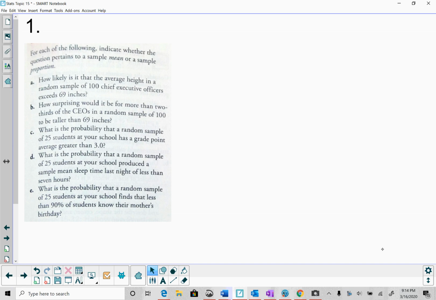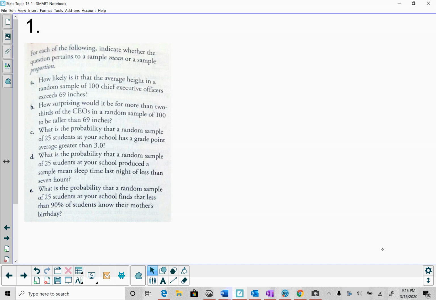So for the first one here, indicate whether the question pertains to a sample mean or a sample proportion. Part A, how likely is it that the average height in a random sample of 100 chief executive officers exceeds 69 inches? So if you're the one collecting the data, you go to this chief executive officer, and what kind of data are you going to collect?